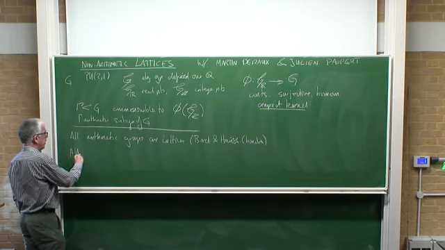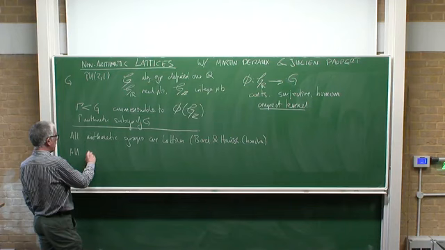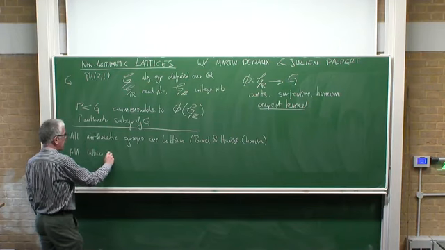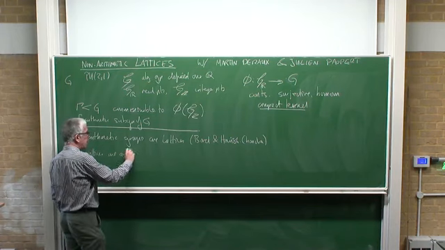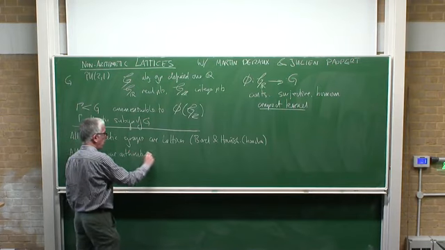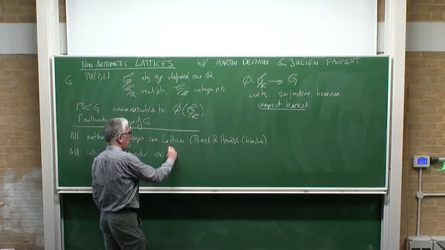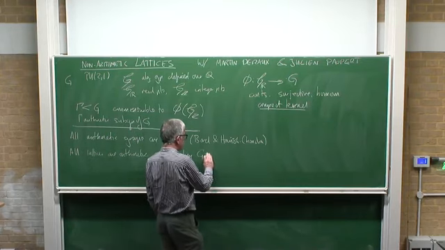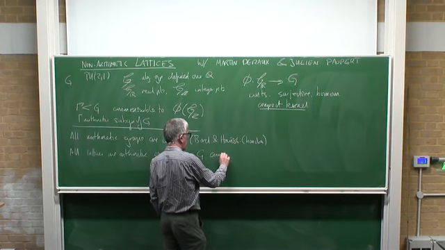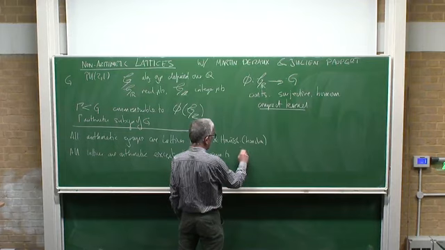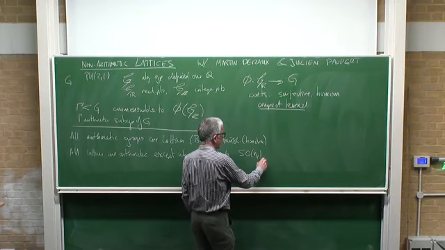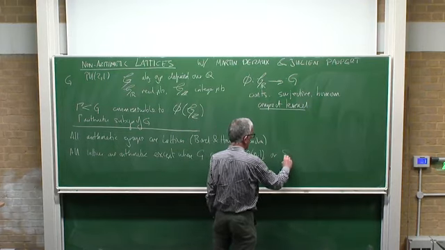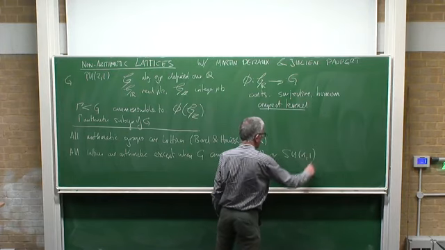And all lattices are arithmetic, except when G is commensurable to SO(n,1) or SU(n,1).